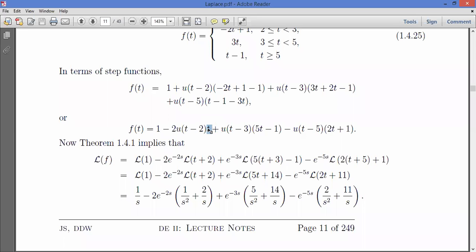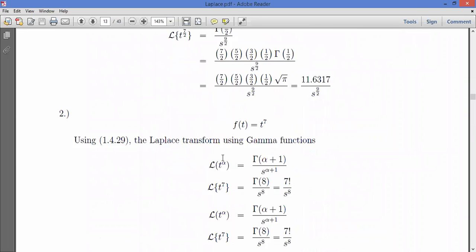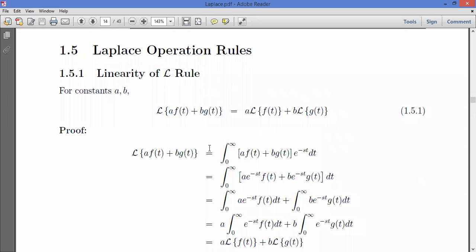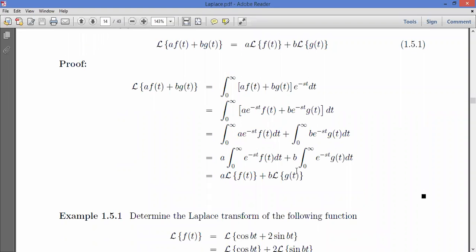So this is now the f here. The rules we are discussing, we have somehow used some of them already, like this one. You can go ahead and prove it. This is your f, then you use the definition. You don't have to waste time with this. This is obvious.